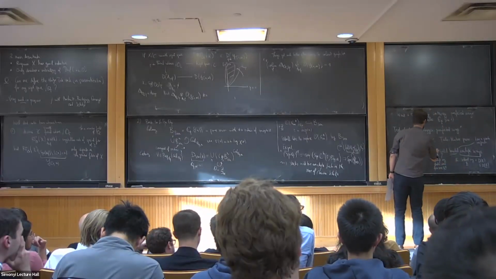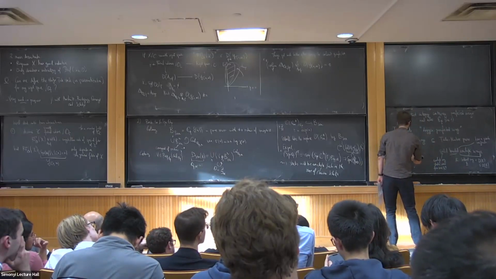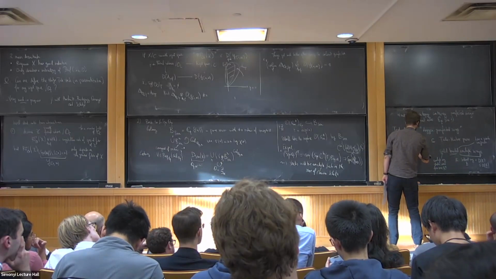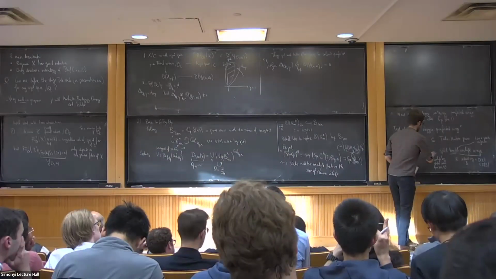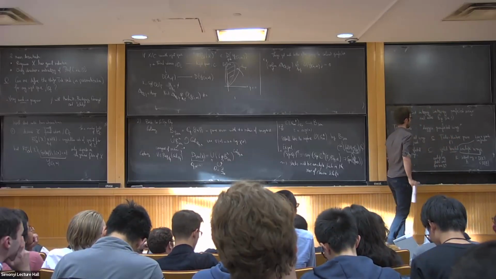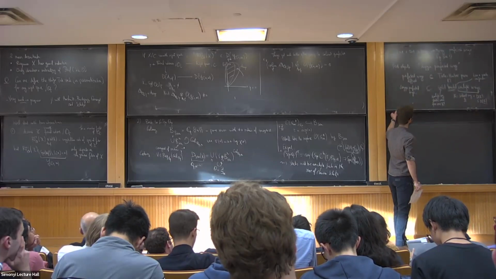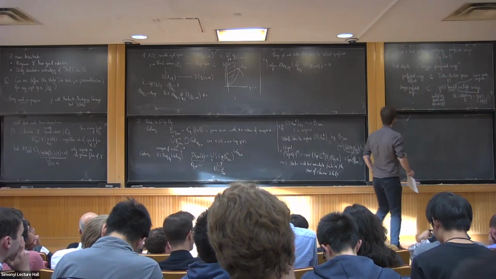And inside that, we have this category of dagger perfectoid rings. This is a full subcategory inside. And what's the condition?